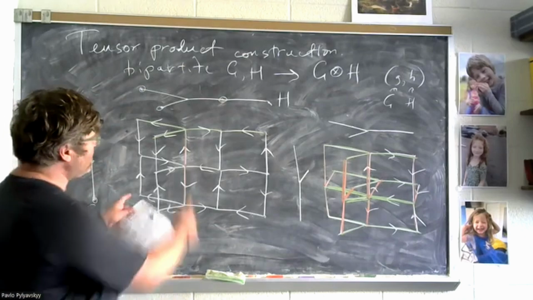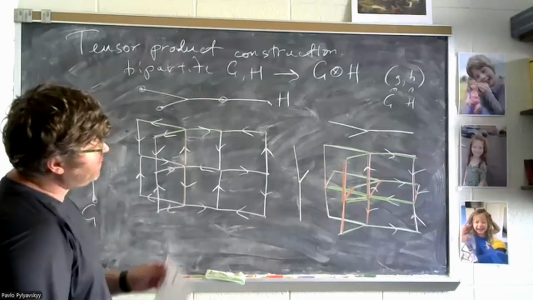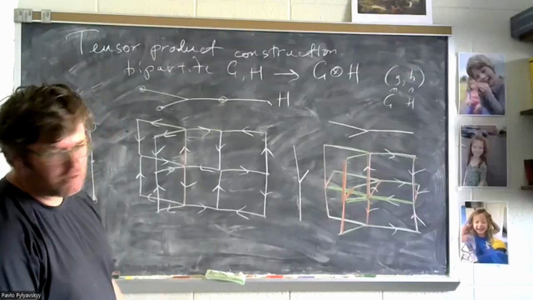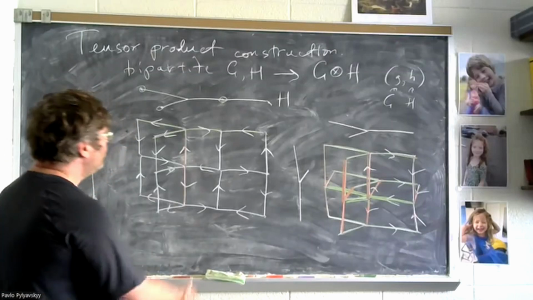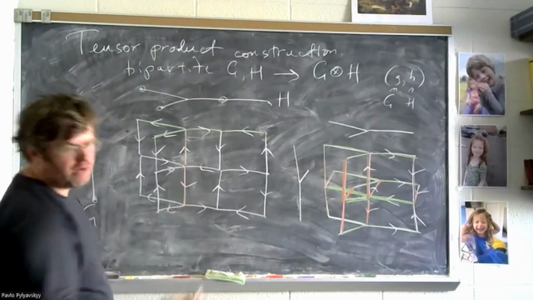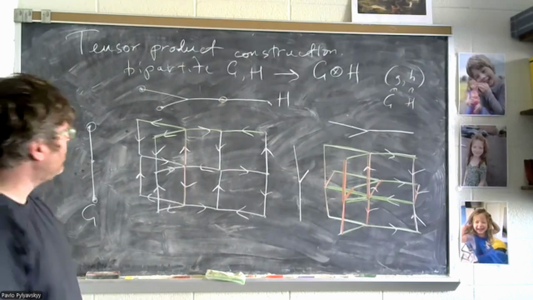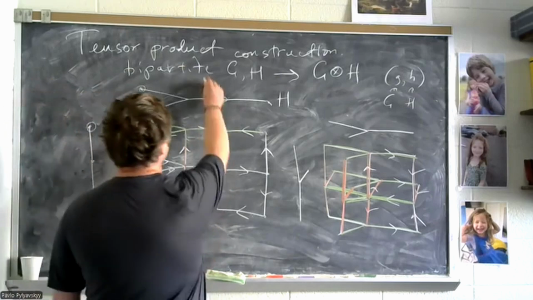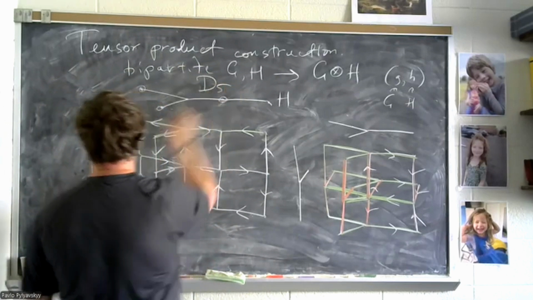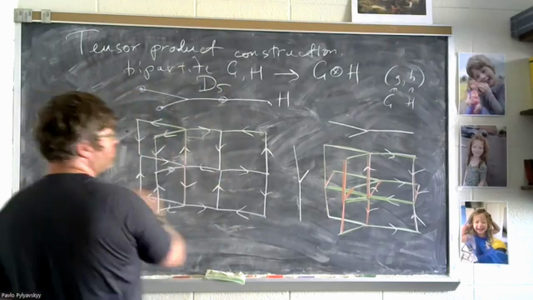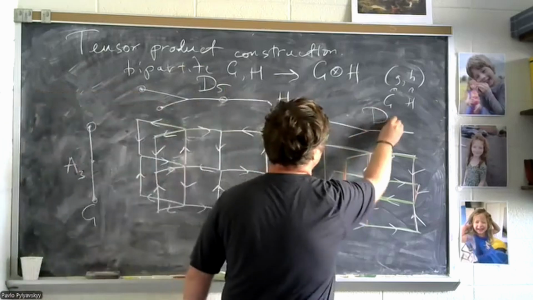Just like I did in this example, what the original conjecture was about is the following. You start with two Dynkin diagrams, the same ones we introduced last time, ADE Dynkin diagrams. For example, this one is D5 and this one is A3. And those two are D4 and D4.